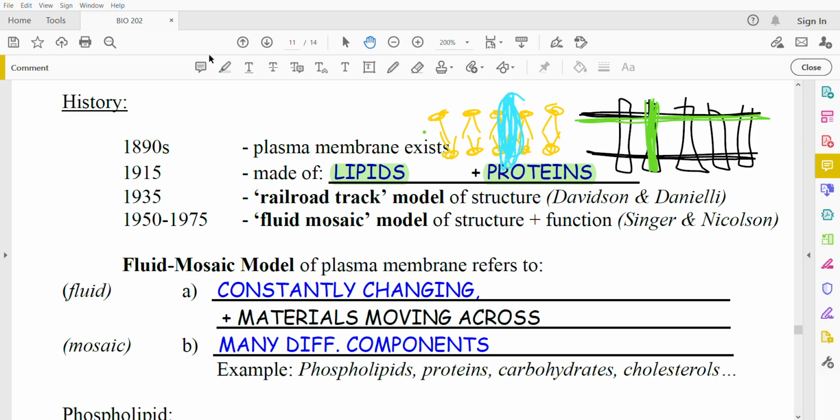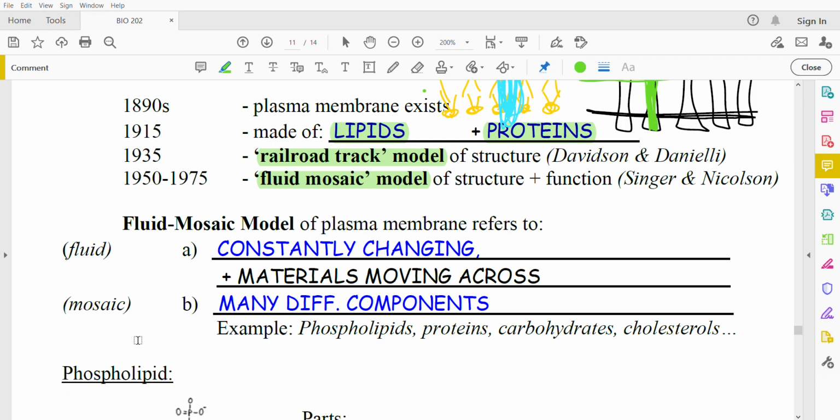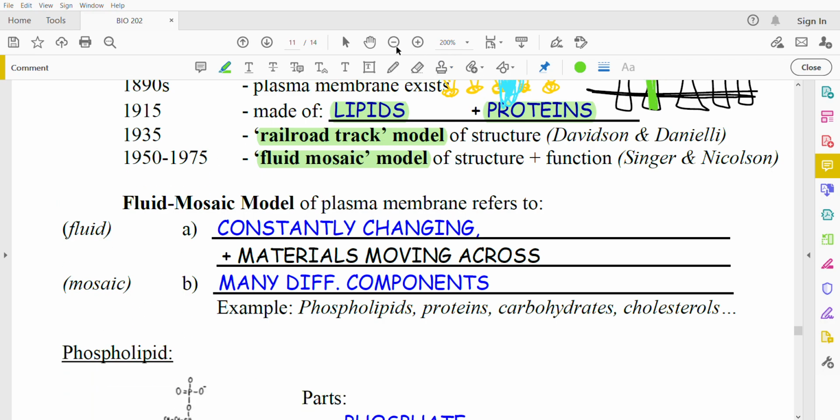But to me, it's quite striking that already earlier on, we had a fairly good idea of what's happening with the plasma membrane. And then later on, the fluid mosaic model was introduced, and we have already talked about that, so this should be revision. Again, we remember that the mosaic part refers to the fact that it's made of many different components.